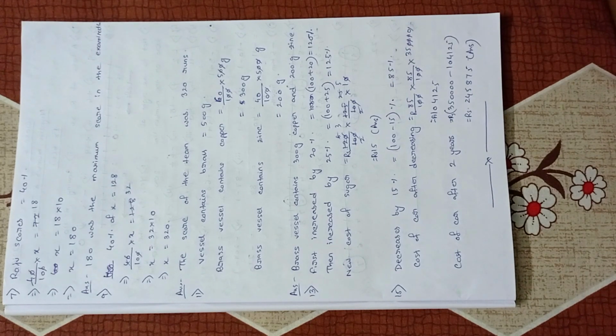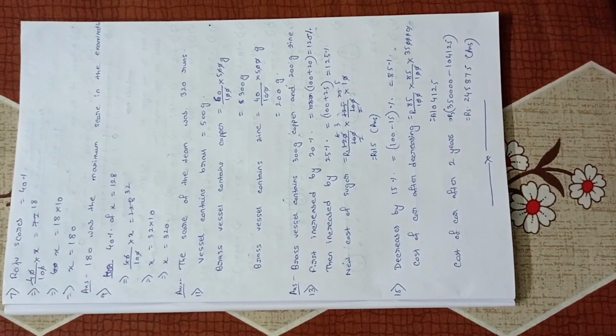Okay students, next, see number 15. The present cost of a car is 3540. And what will be the cost of the car after 2 years if the cost of the car decreases annually by 15%?